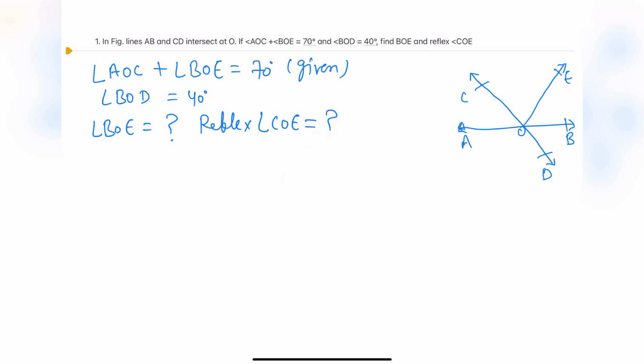So angle AOC is this one angle, angle BOE is this one angle. First we will find angle COE.